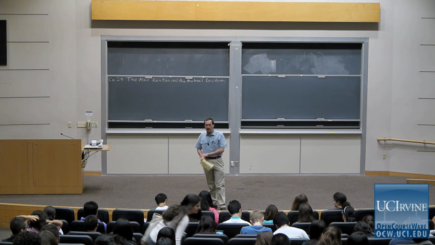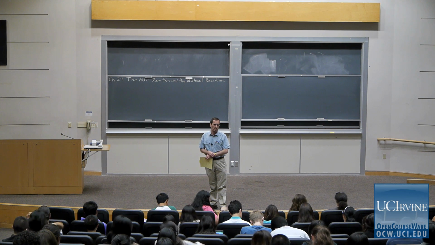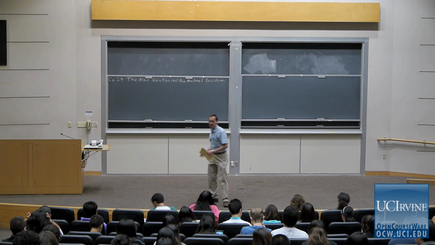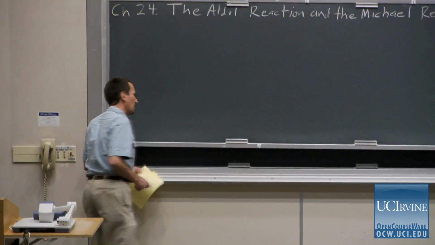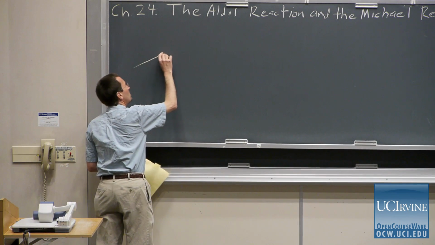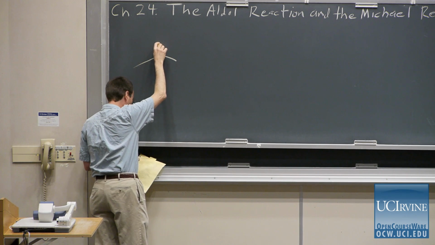And so what I'd like to do is to start talking about the Aldol reaction, which really lays the groundwork for all of these carbonyl reactions, and indeed even some of the sugar chemistry you'll be learning about later on in chapter, I think, 28 or 26, I guess.